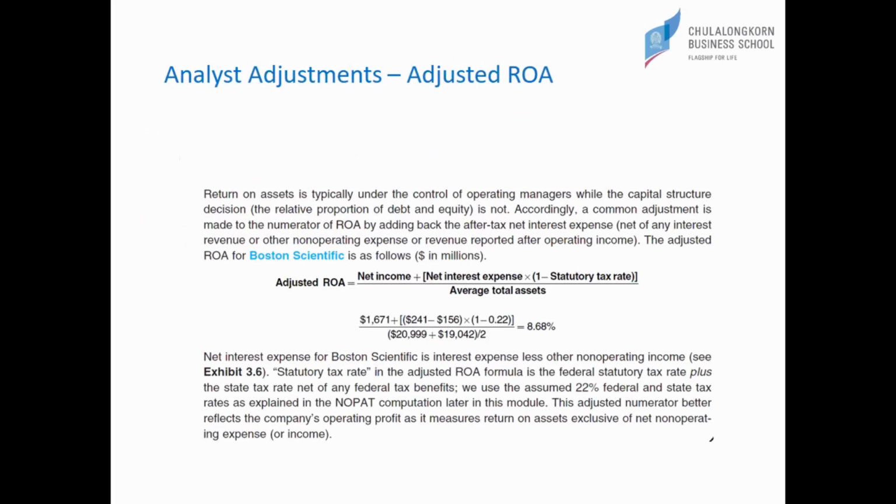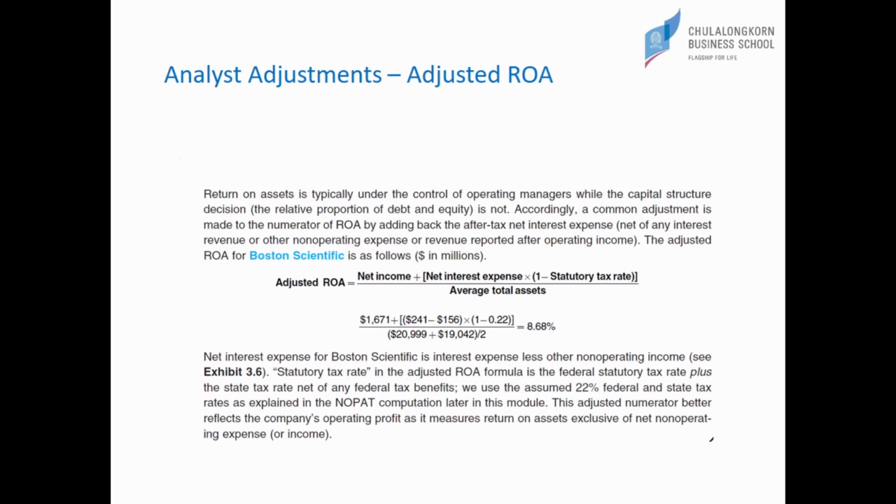So let's look at this analyst adjustment, or adjusted ROA. ROA is typically under the control of operating managers, but the capital structure decision, which means whether to use debt or equity, is not at the control of this operating manager.